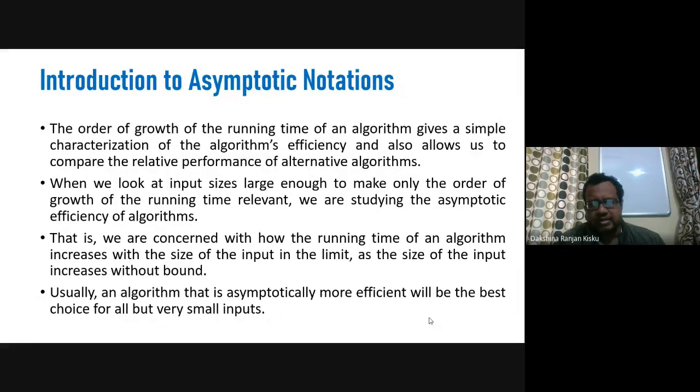Okay, so as the size of the input increases without bound, usually an algorithm that is asymptotically more efficient will be the best choice for all but very small inputs. Okay. Now we can have a number of asymptotic notations which we can use to determine the function in terms of order of growth rate of running time.